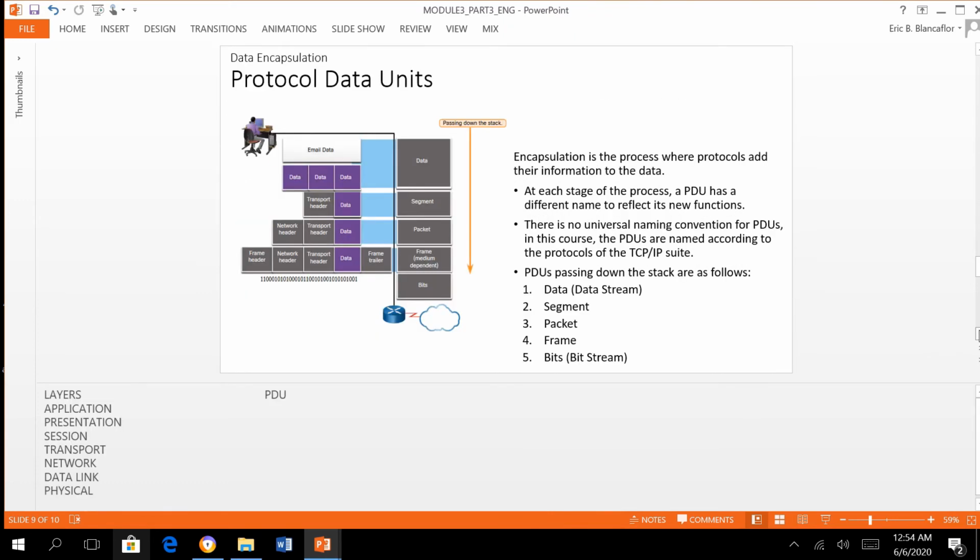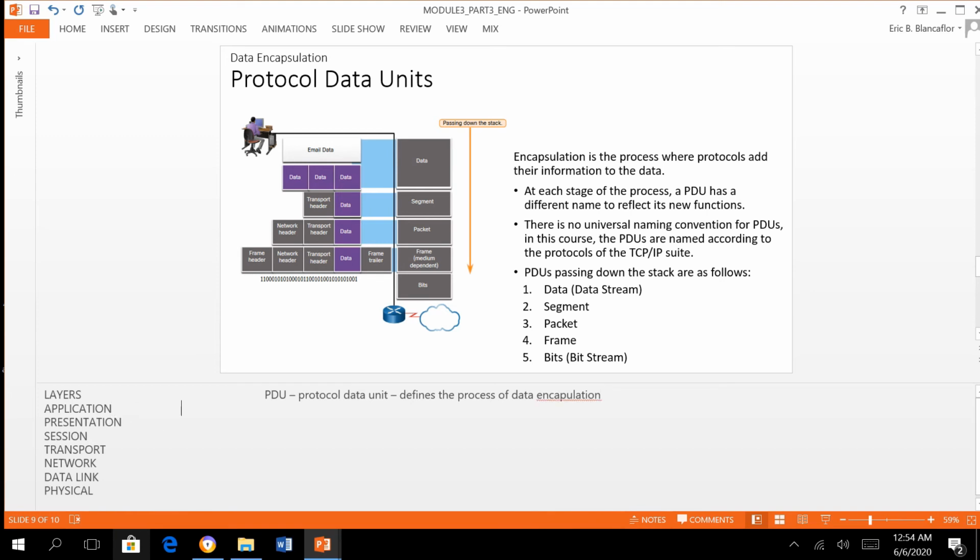Okay, now data encapsulation falls under PDU. PDU stands for Protocol Data Unit. And this is the one that defines the process of data encapsulation. It says here in the PDU that the encapsulation starts at the transport layer.